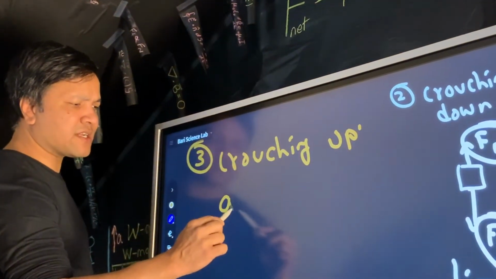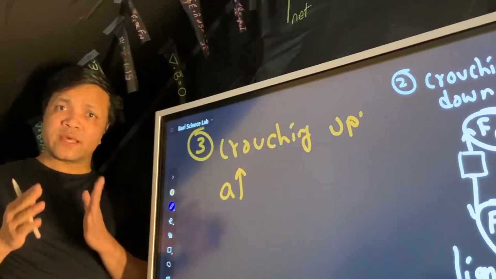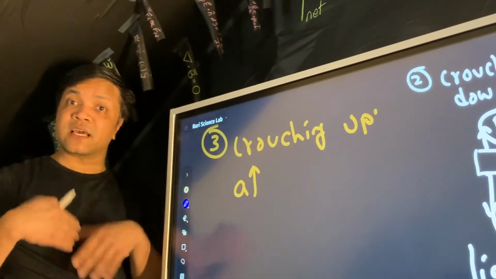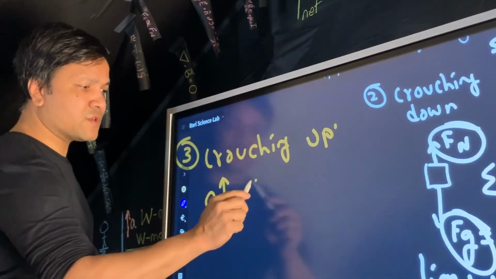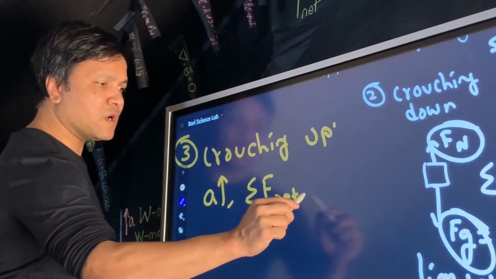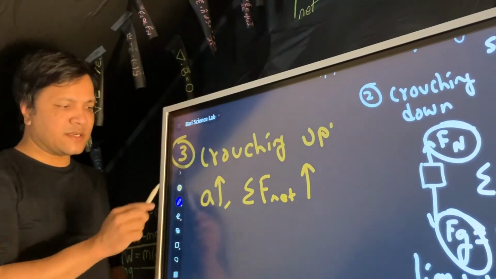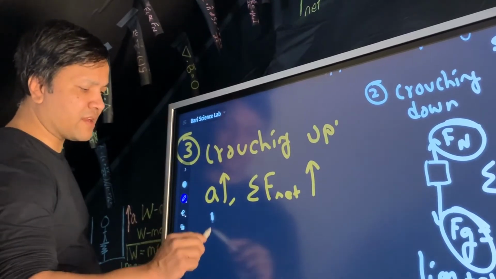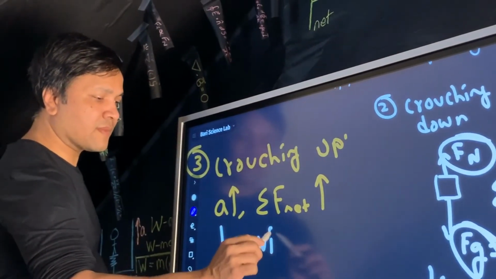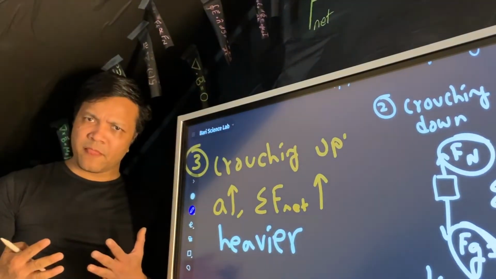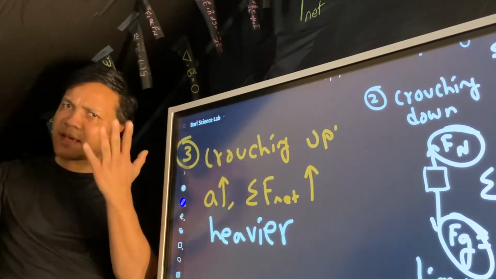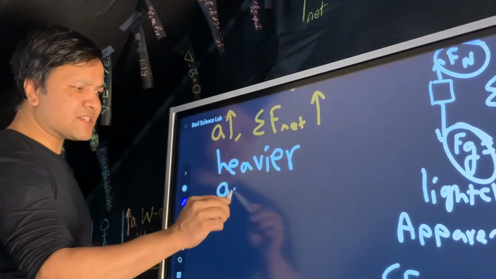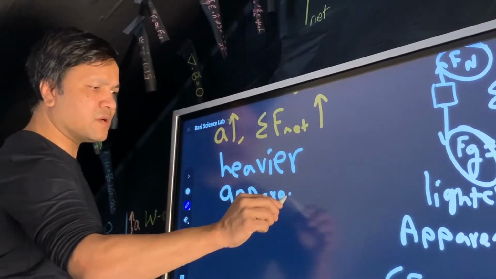The acceleration is in the upward direction, and acceleration comes from net force, so the net force is also in the upward direction. The consequence is you feel heavier, because of apparent weight gain. So everything is connected.